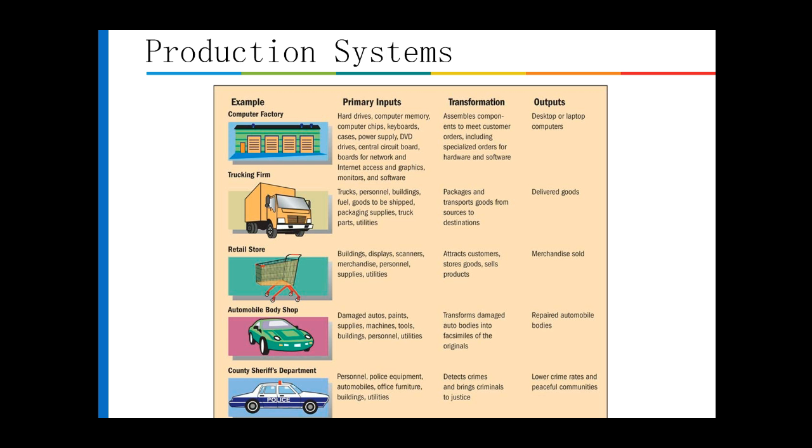Here are, as examples, very cute pictures of the process of the production system and the inputs and the transformation and the outputs. It gives you an idea, at a global scale, of what the primary inputs are for various types of organizations: a trucking firm, a computer factory, a retail establishment, an auto body shop. Not all organizations are output oriented to something you can physically touch.